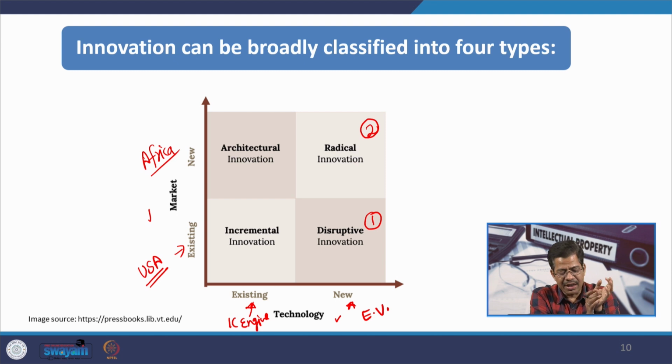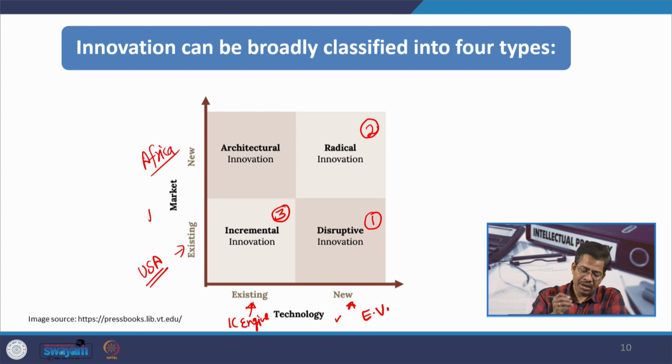Technology is existing and market is also existing. Technology is also existing, there is nothing happening. So, in this case whatever innovations are happening, these are possibly incremental innovation, which we are not able to see from outside. And then the fourth is architectural innovation, where technology is existing and market is new.